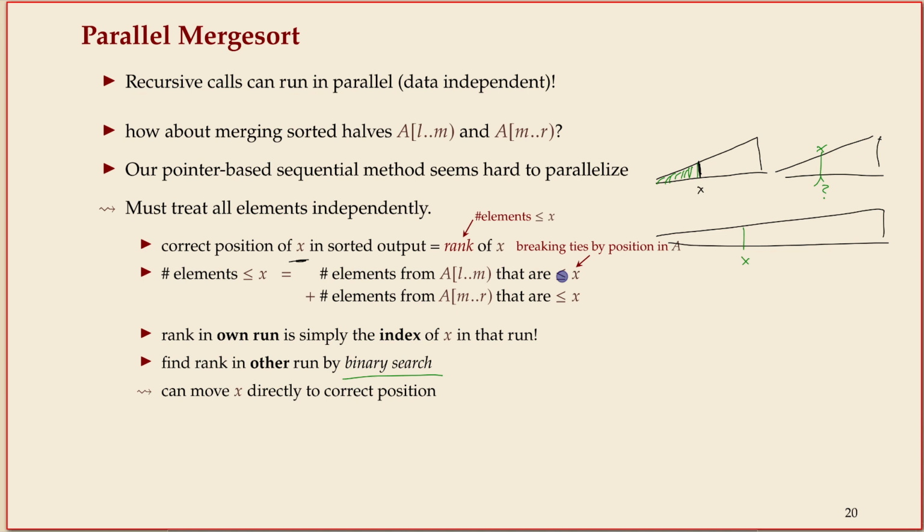And 1 we get for free, because it's the position where that element is located. For the other, we need one binary search in the other run, starting in the middle, as you've seen in more detail in Unit 2. So with the binary search, we can find where x needs to go. Then we just do this in parallel for all the elements, save where they should go, and then put them there in the second step.